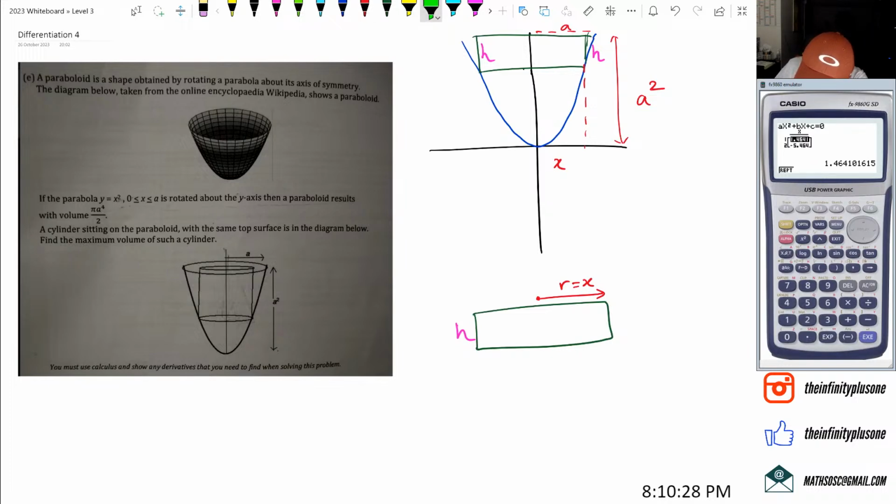The height is the green part, and the blue part we need to figure out. The yellow part minus the blue part is equal to the green part, the height. This is a parabola, and if it's x, then the distance from here to here is going to be x squared because it's on the parabola itself.